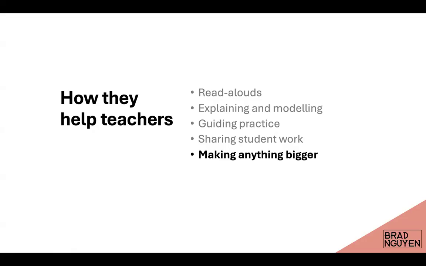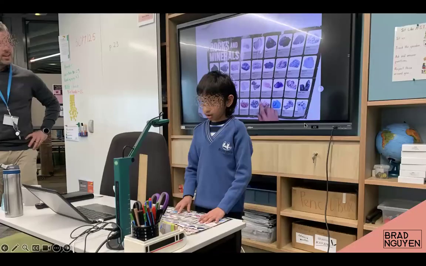So I'm going to just show you an example here. This is one of my students sharing a poster after the class has been learning about different rocks and minerals. They went home and they were like, oh, I've got a poster about rocks and minerals. And they brought it in, which is a really lovely thing to do.